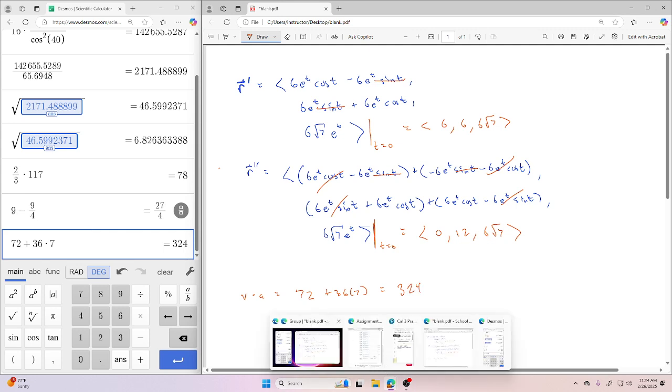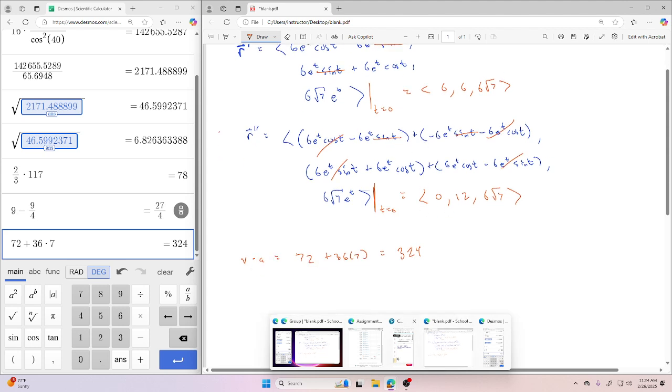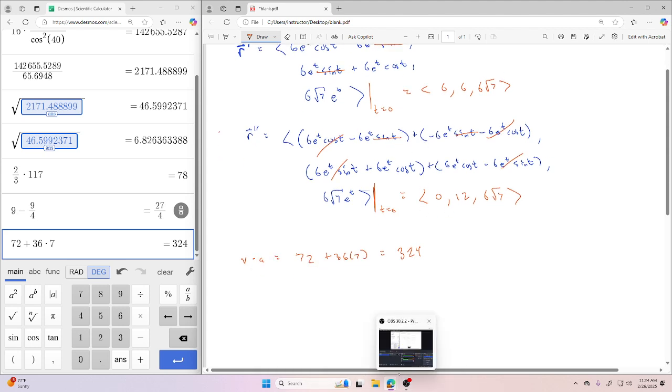Okay. When I take the cross product, this will be interesting. Let me just rewrite what we got here. What other formula is there?